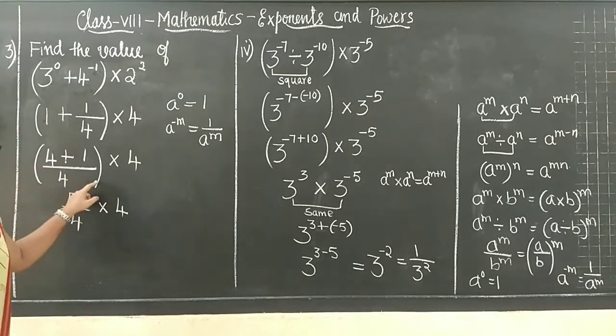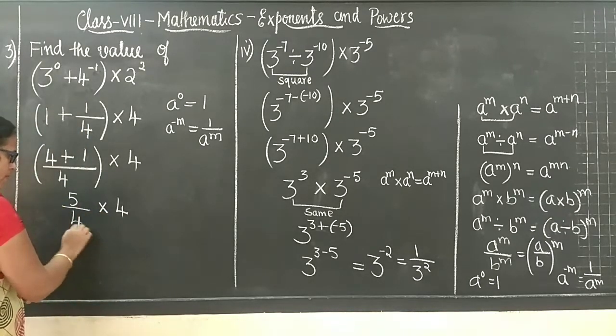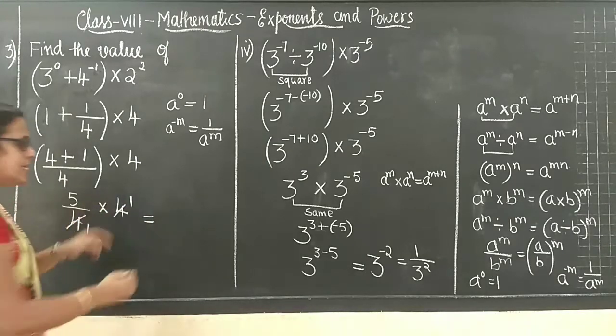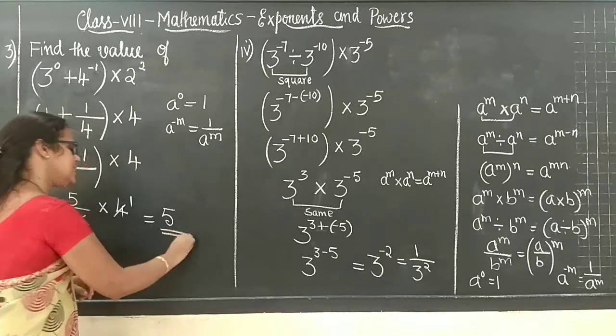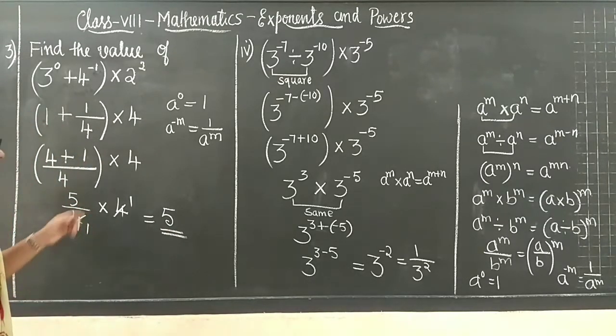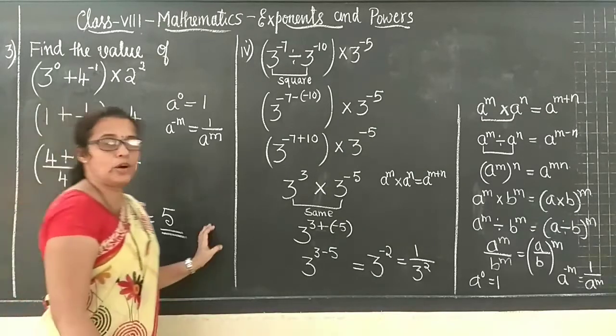Remove the bracket. So you understood how to take the LCM? 4 1s are 4 plus 1 by 4. Yes, so the next step is 4 1s are 4. What is the final answer? Final answer is 5. Got it? Hope you all understood how to do this. Okay. So that's all about this problem.